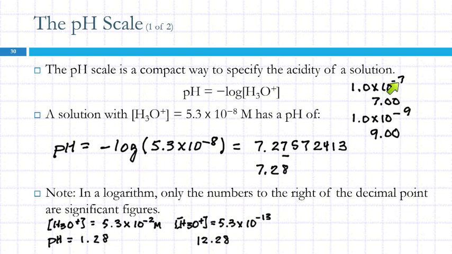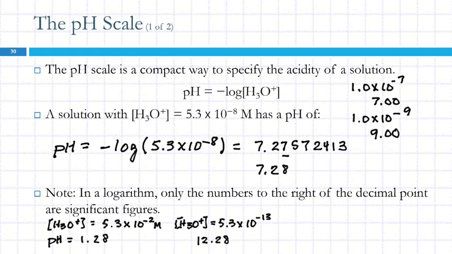This is negative 7. And we put the negative in front of log here so that instead of saying the pH is negative 7, we say it's positive 7. Here, this concentration, 10 to the minus 9, pH is 9. And so we see with this one that this number is going to be very close. It'll either be the same or 1 less than that.